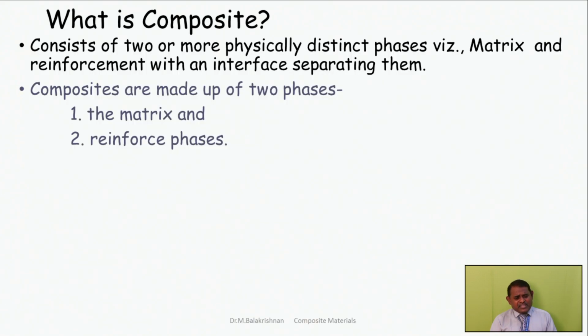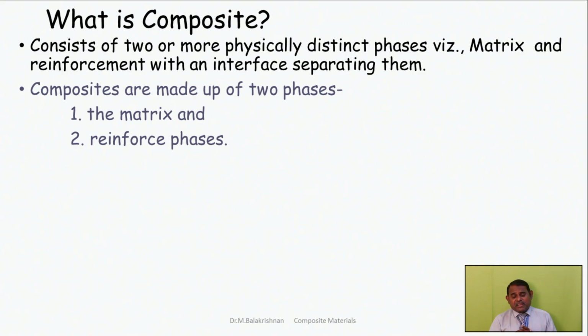And now, what is a composite? So far we have discussed the various material categories, starting from metals, plastics, ceramics and composites. Then what is a composite specifically? It consists of two or more physically distinct phases, that is matrix and reinforcement, with an interface between them.